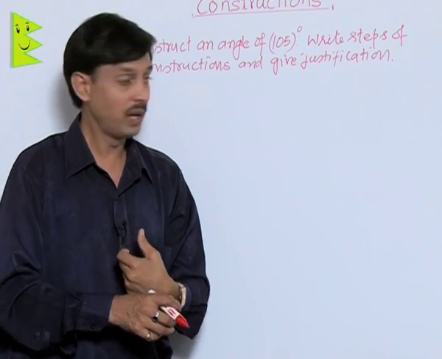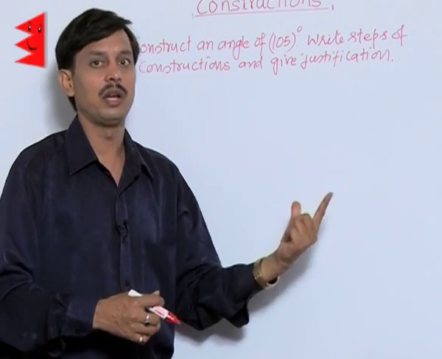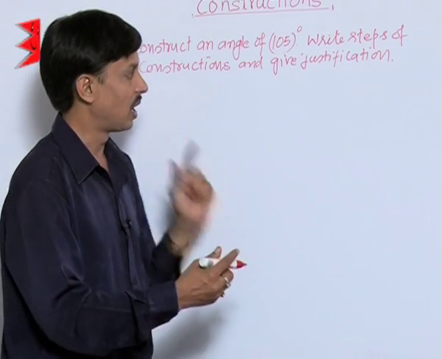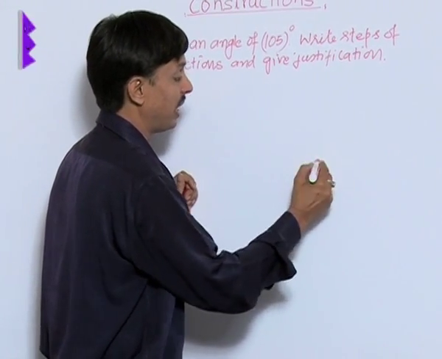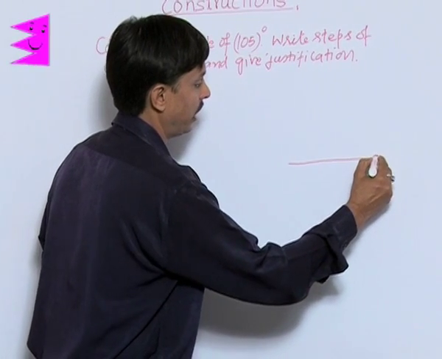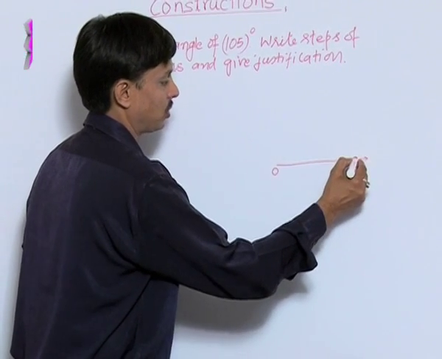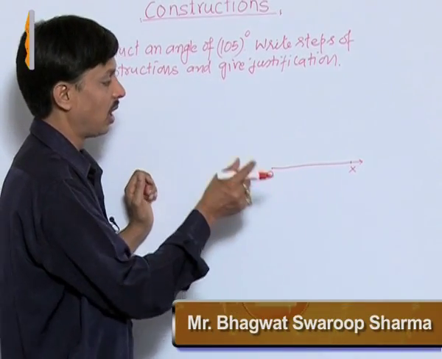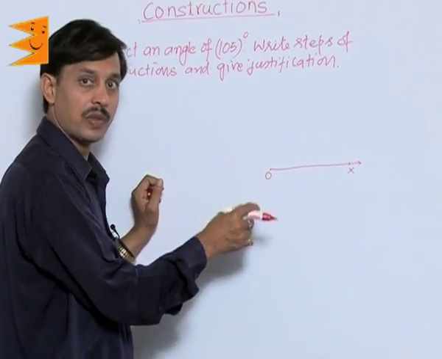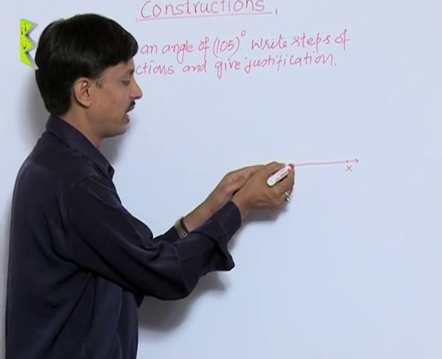If you are interested, you can construct it together with me. How? First of all, draw any base ray. This is the ray named as OX, and take your needle of compass at O with convenient radius.